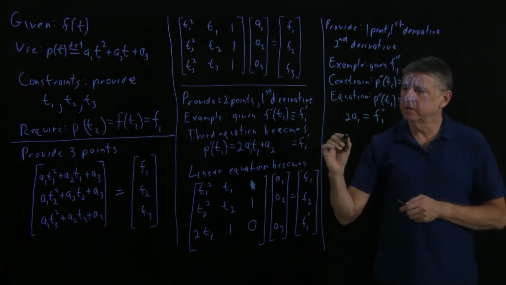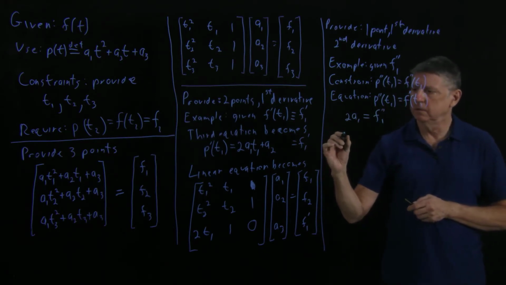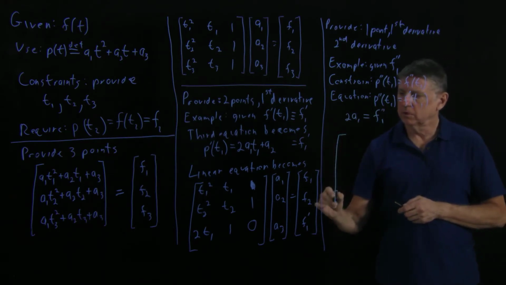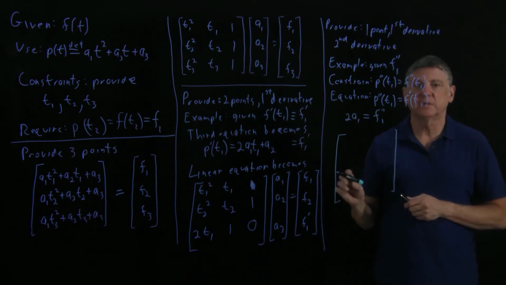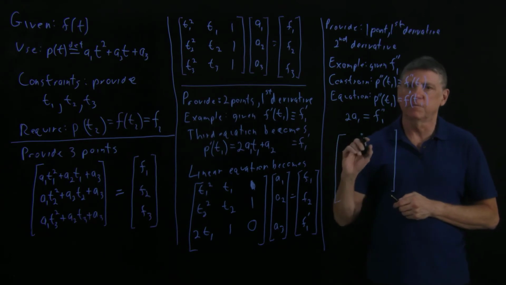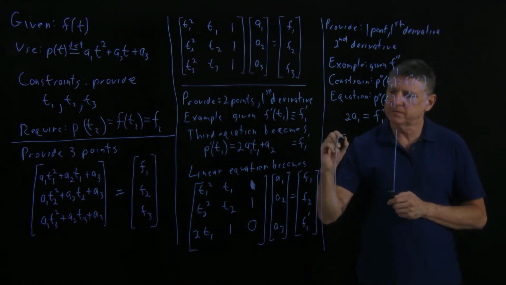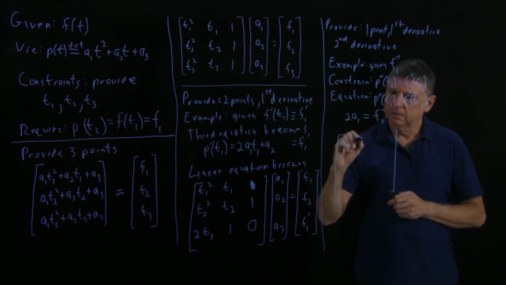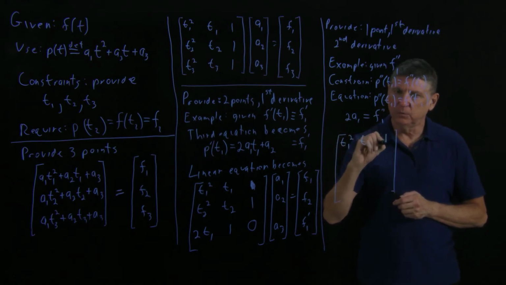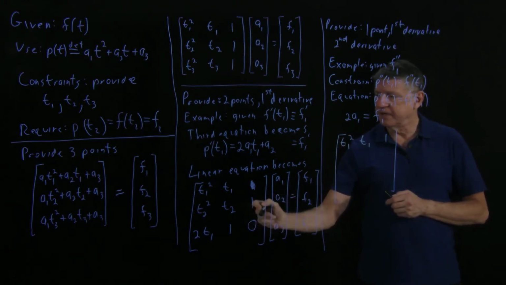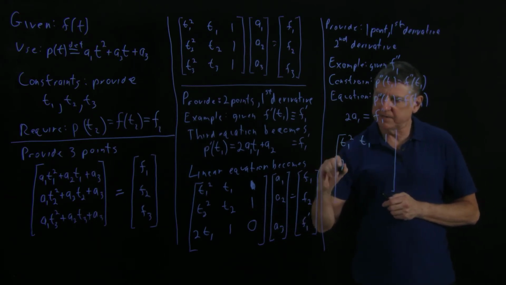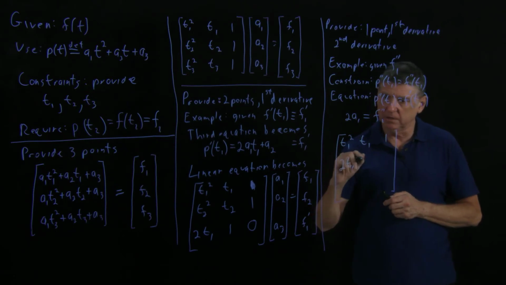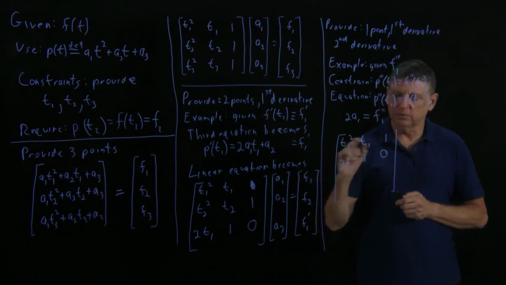And our linear equations would then look something like, what I'll do is I'll put these in an upper triangular form, that's my personal preference, so that I'll retain T1 squared, T1 and 1. I notice that this is a 0, so I'll move it up 1, and I'll make that 2 times T1, 1 and 0.